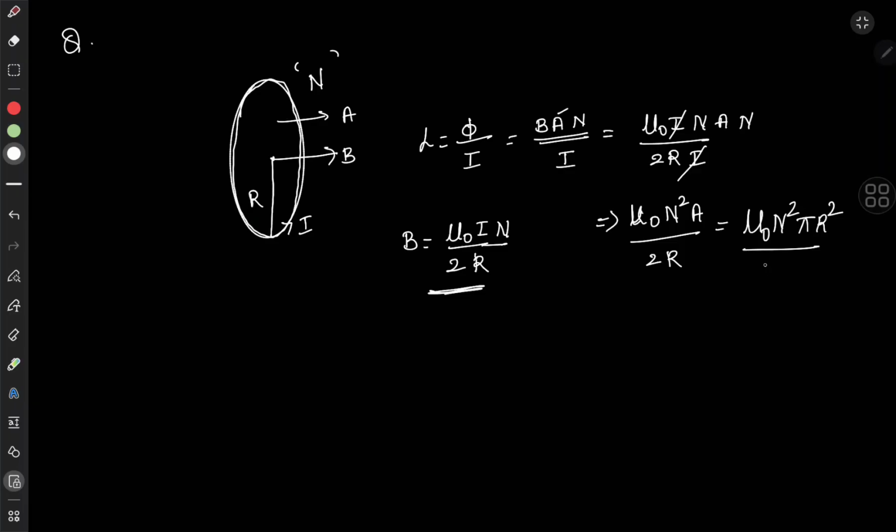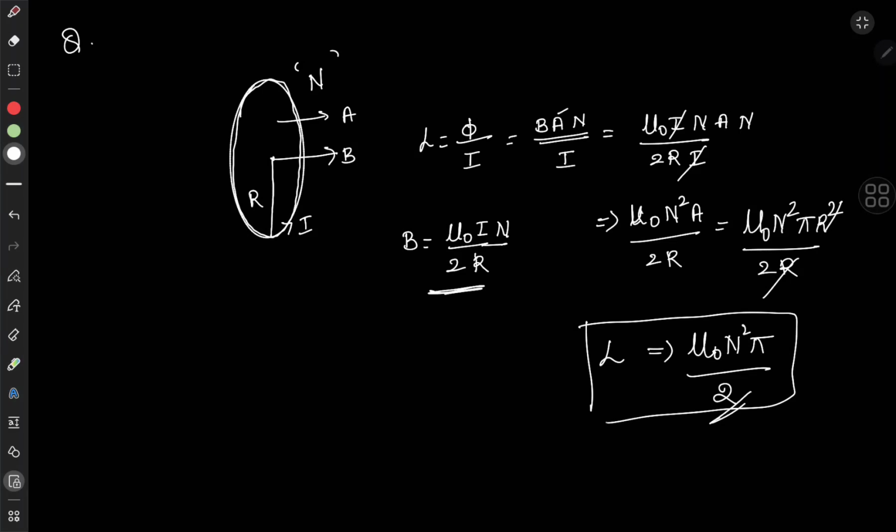That means we can write it divided by 2r. The r² cancels, and then it is going to be μ₀N²π divided by 2. This is going to be the self-inductance coefficient. This is the self-inductance.